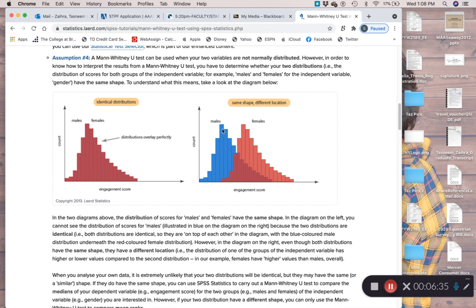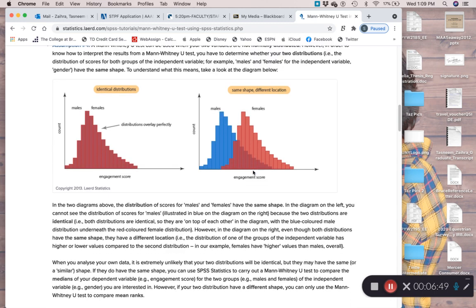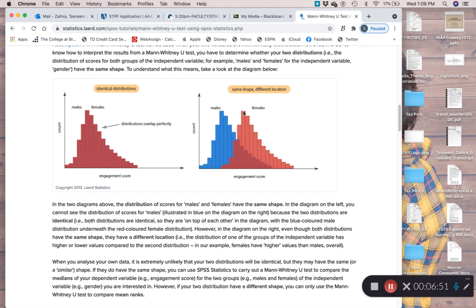The distribution of one group, that is males, has higher or lower values compared to the second distribution, right? So this is males and this is females. In our example, females have higher values than males overall, and this is an indication of a shape which is kind of skewed towards the right.